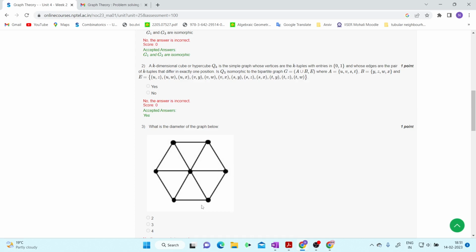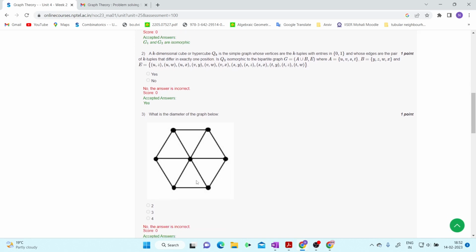Why was it 2? You can see the maximum distance from any vertex to the other vertex is 2, ma'am. Yes. That's why it has diameter 2.